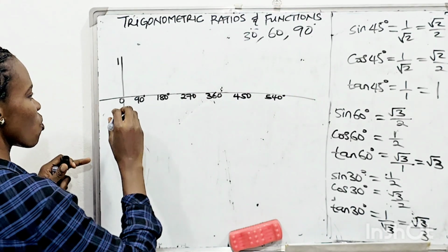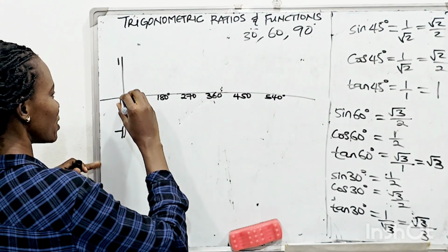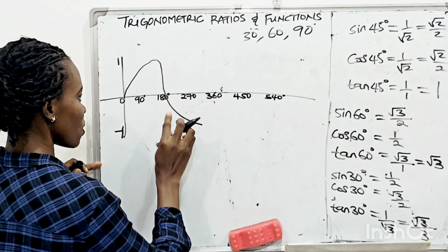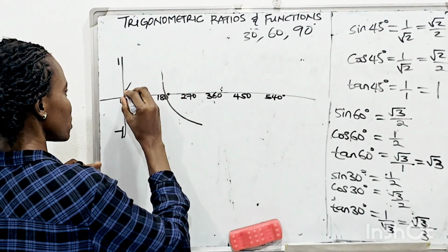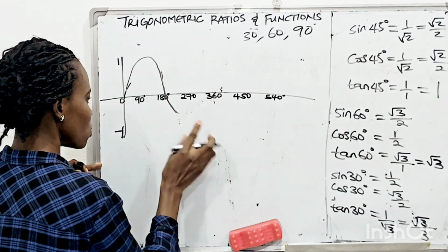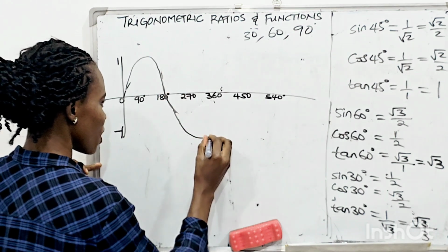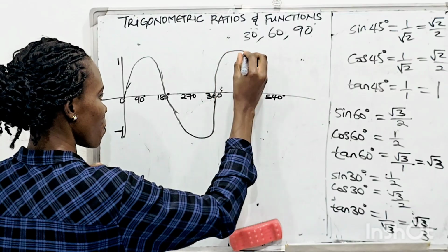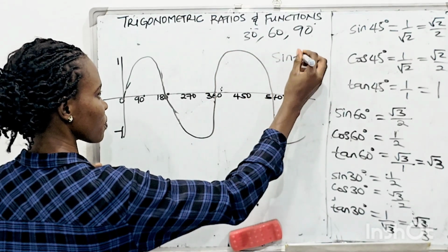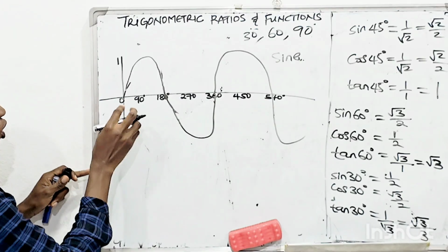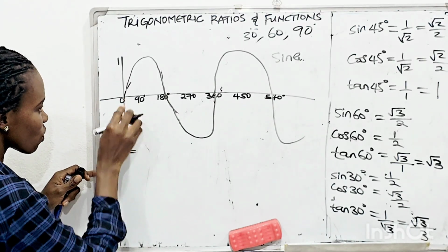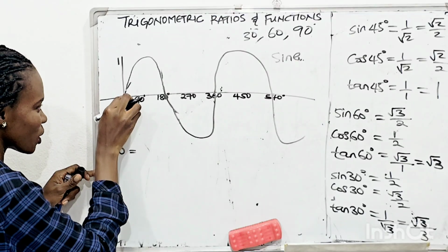Okay, so the sine wave goes like this. It gets to 1, then it comes down to 0, it goes down to -1, it goes up. So that's how sine goes. This is the sine wave. Are you getting it? Meaning that at 0, sine 0 is equal to 0.